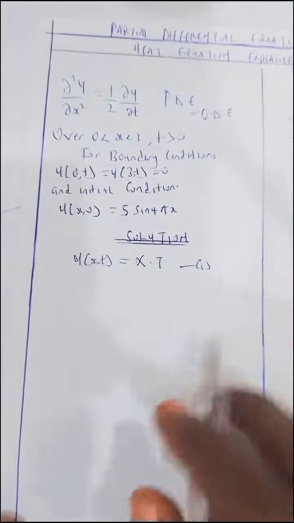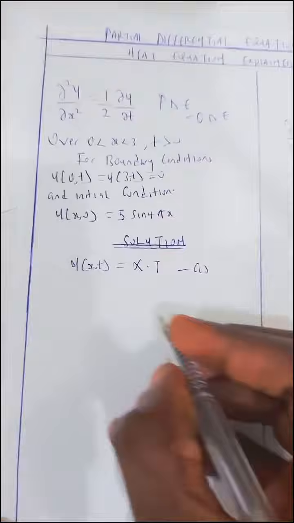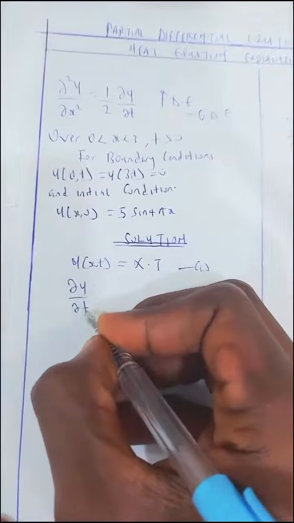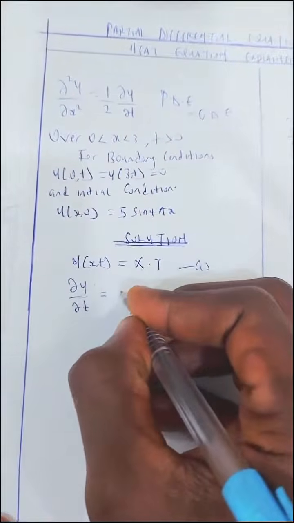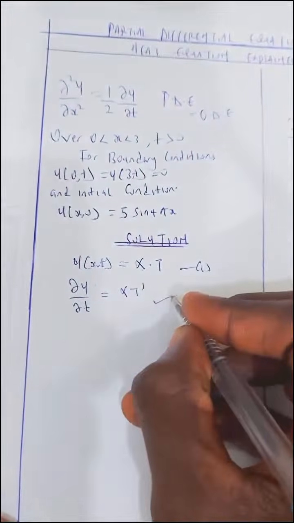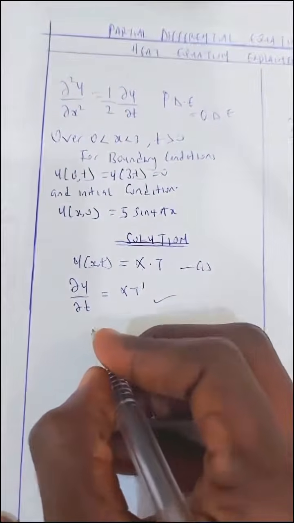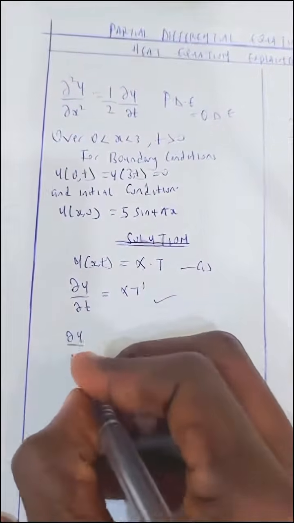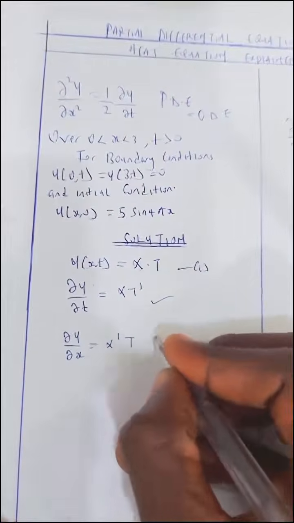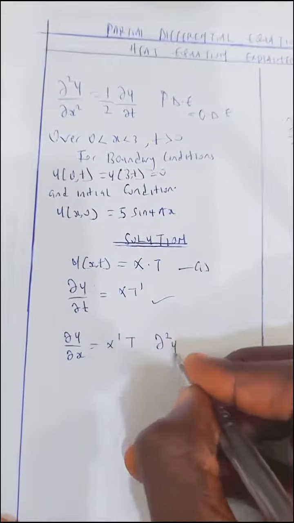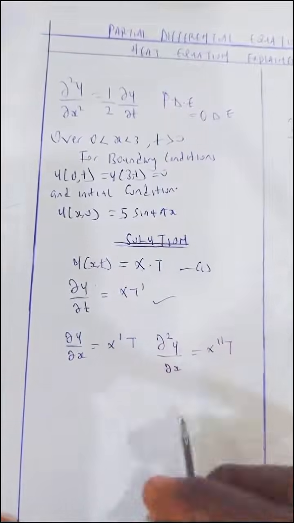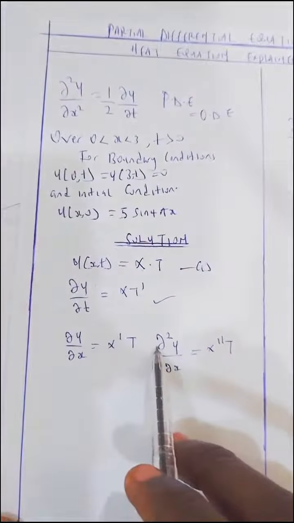So how it works is that from equation 1, differentiating u with respect to t, meaning the partial derivative of u with respect to t, we have X T prime. This is for the t function. Now for the x function, the partial derivative of u with respect to x, you have X prime T. Then the second partial derivative of u with respect to x becomes X double prime T. You can relate this to differentiation.